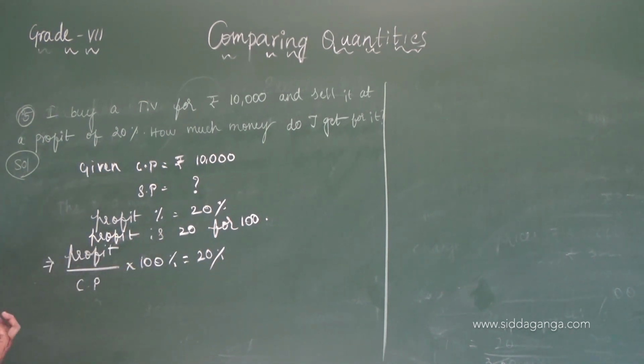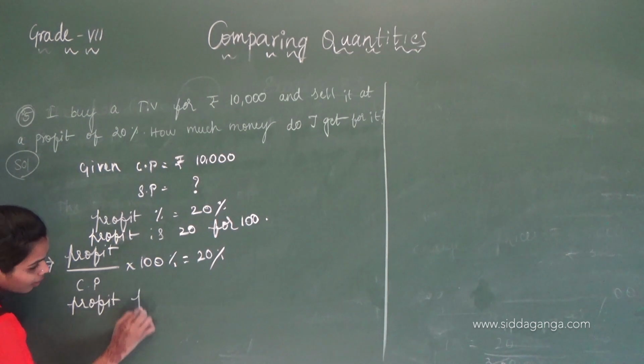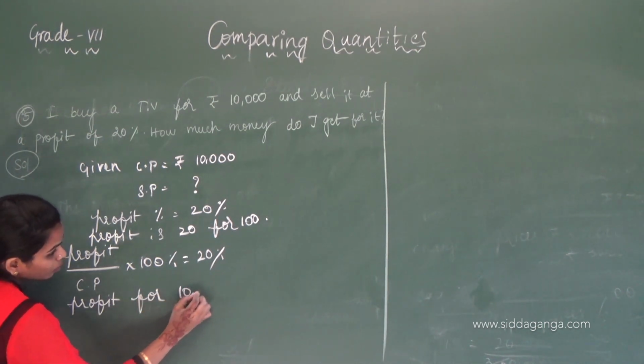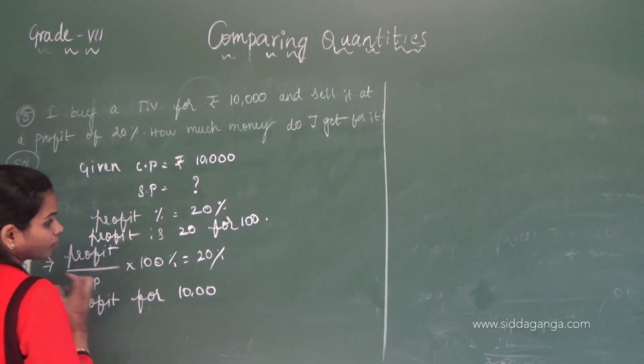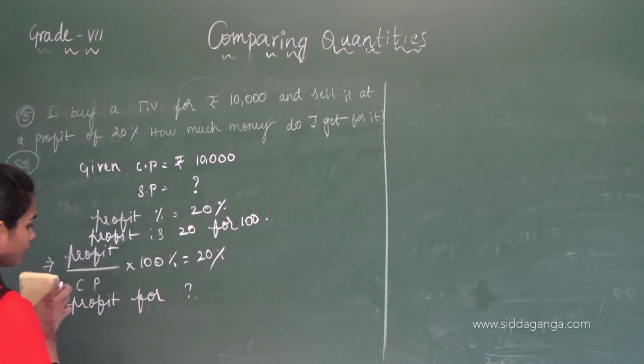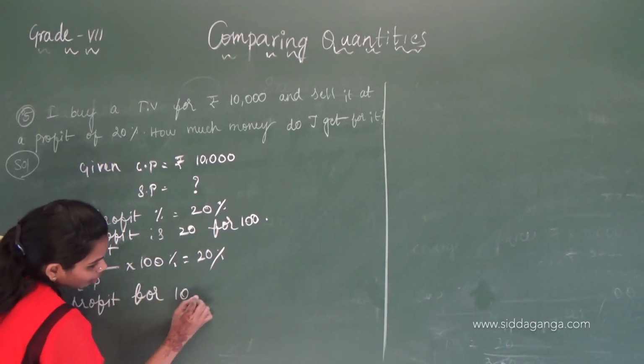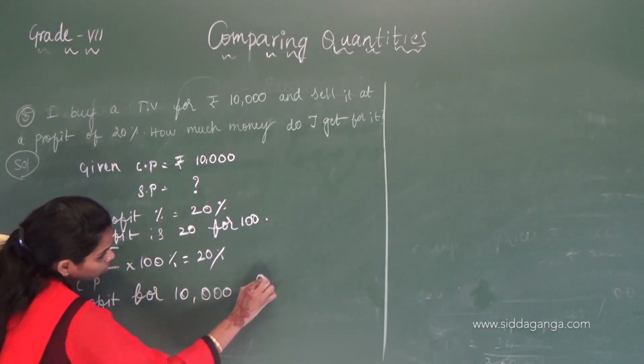Correct? Now I am finding the profit for 10,000. Profit for 10,000 equals question mark.